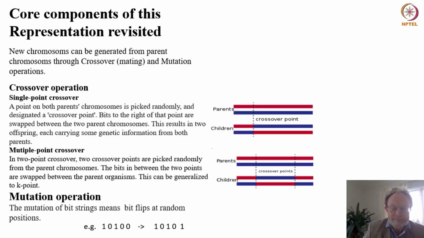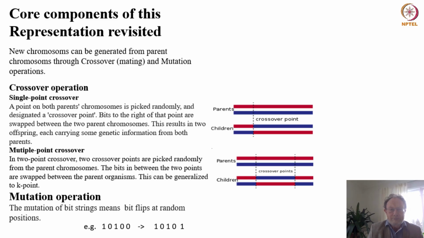So for mating between old chromosomes, the crossover operation is used, and then there is also a mutation operation normally applied. So crossover then needs some explanation.